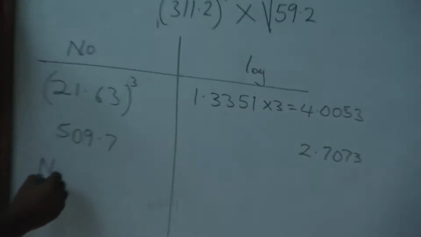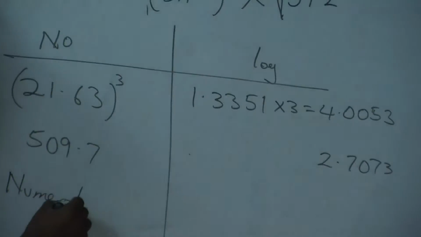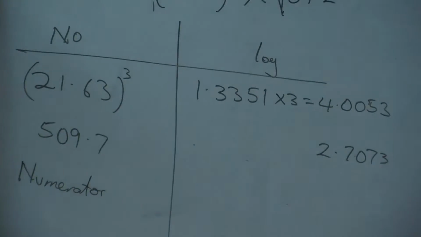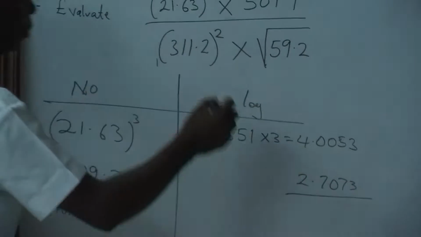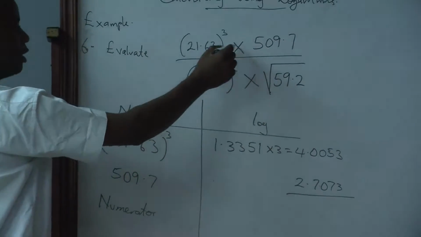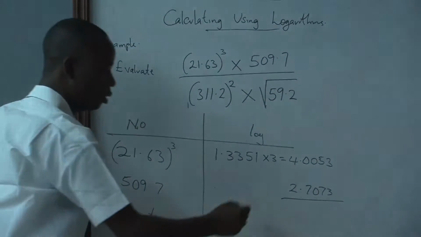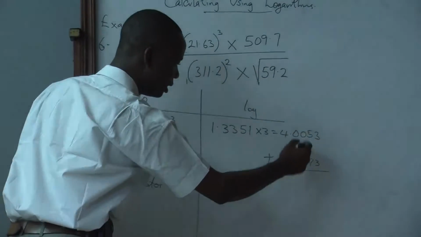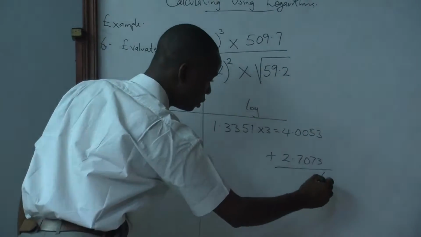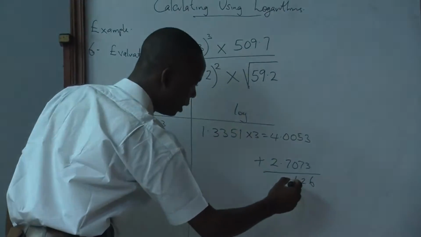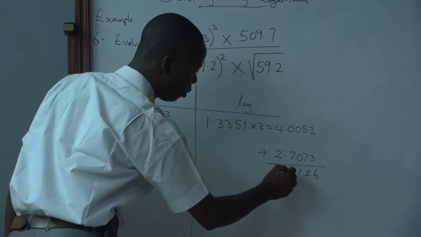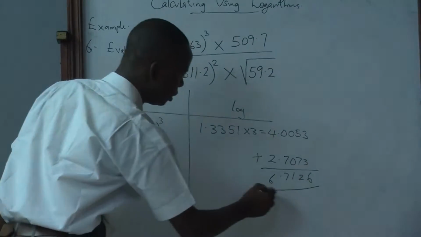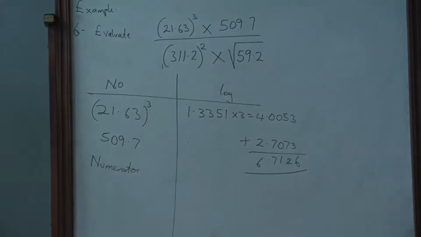To fulfill the numerator now, what is joining them together is multiplication. So in that situation, we'll be adding their logs. So we are adding this and this. This will give us 6217.6. That is the numerator.